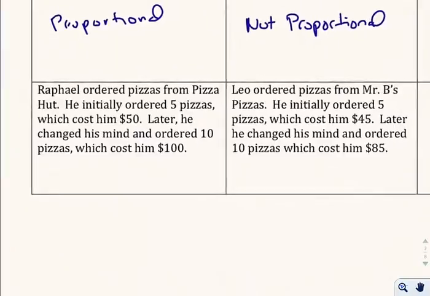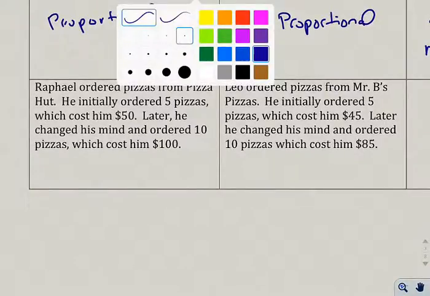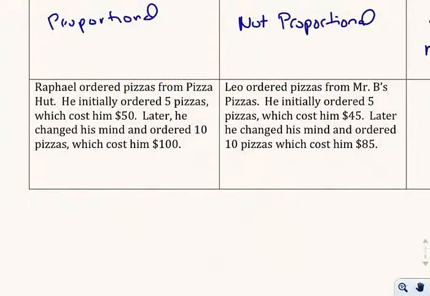If we look at these two situations, what we have to ask ourselves is which one shows direct multiplication with no additional addition. And it's not really clear initially, but there are a couple ways you can tell. So if you're completely unclear, then what I would ask you to do is to make a table. So if we made this a table of pizzas and cost, 5 pizzas cost 50 bucks, 10 pizzas cost 100 bucks. Well, ask yourself what the rule is. 5 goes to 50.